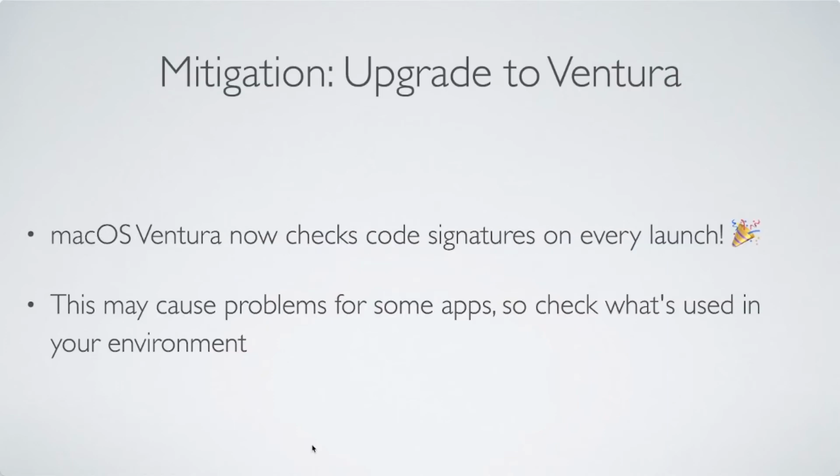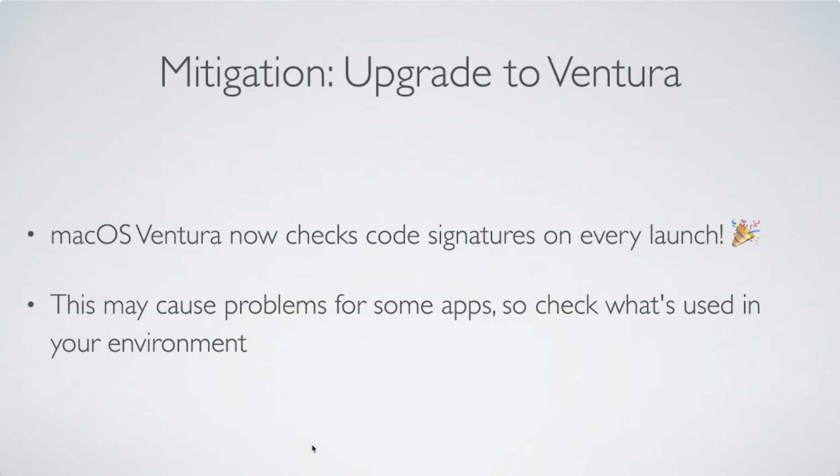So first of all, upgrade to Ventura. Now that's in beta right now. So obviously you don't want to upgrade all your endpoints yet, but once Ventura is released, the really good thing about Ventura is that it now checks code signatures for apps on every launch, not just the first launch ever.